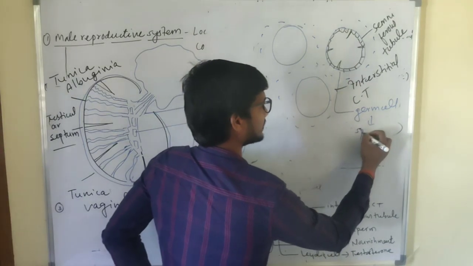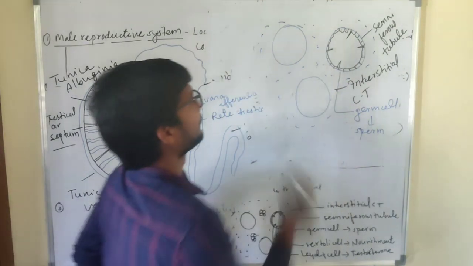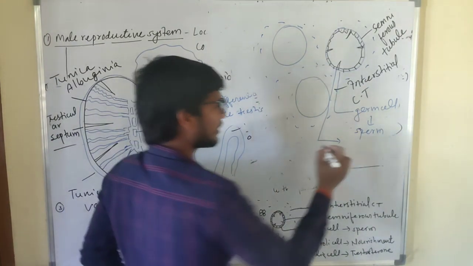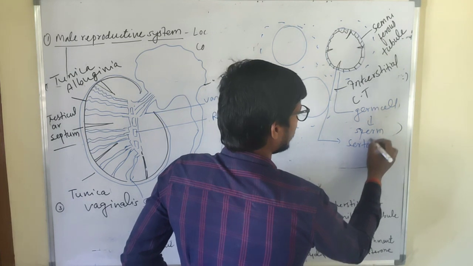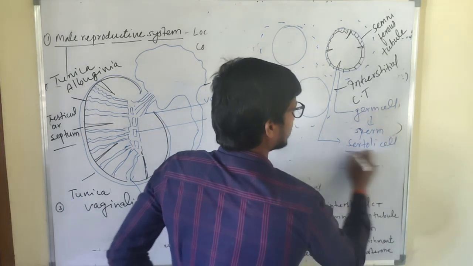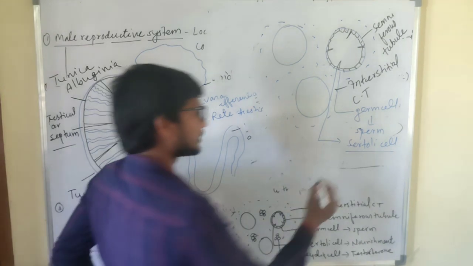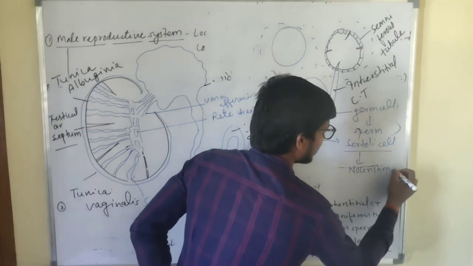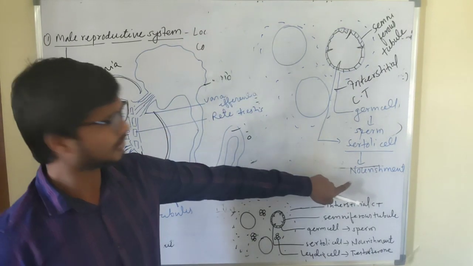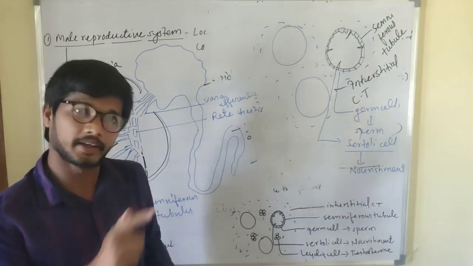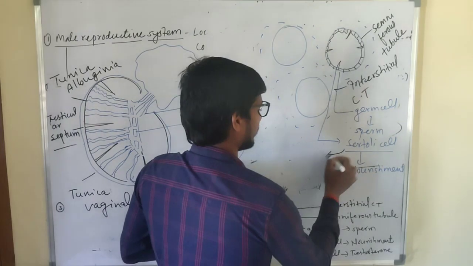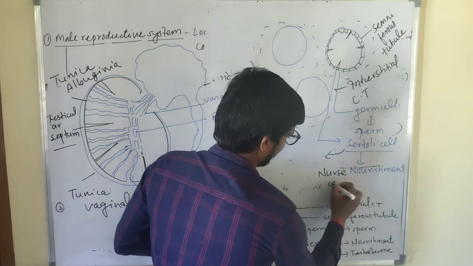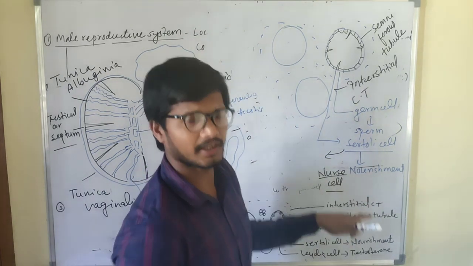Yes, germ cells are going to produce sperm, and these special shaped cells, cone shaped cells, are known as Sertoli cells. Sertoli cells are going to provide the nourishment. That's why Sertoli cell is also known as nurse cell. Why is Sertoli cell known as nurse cell?